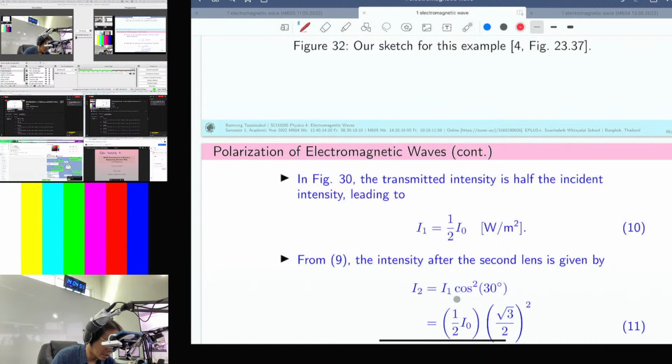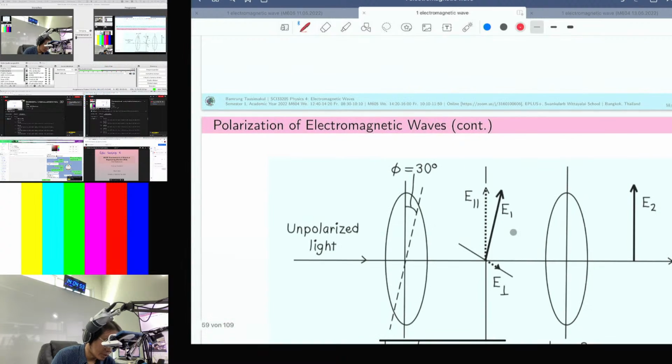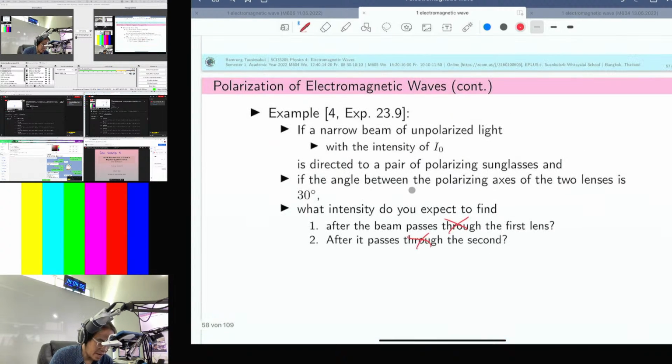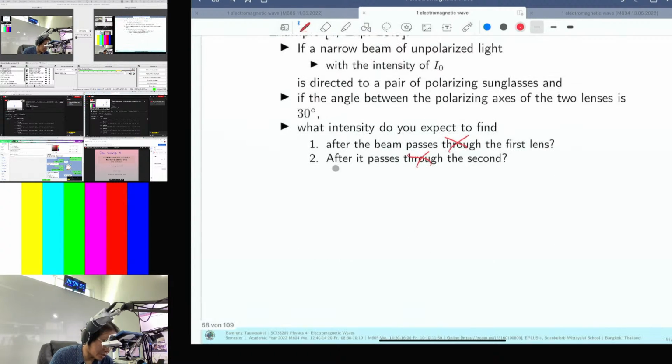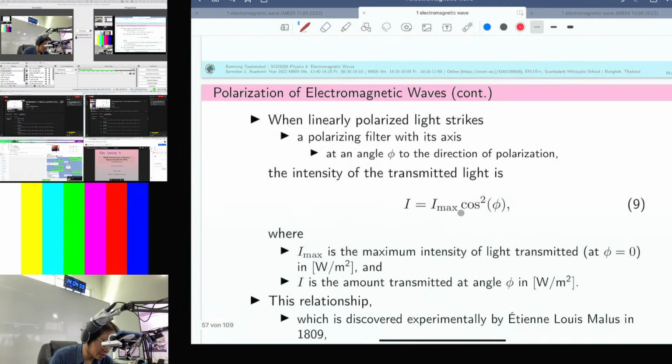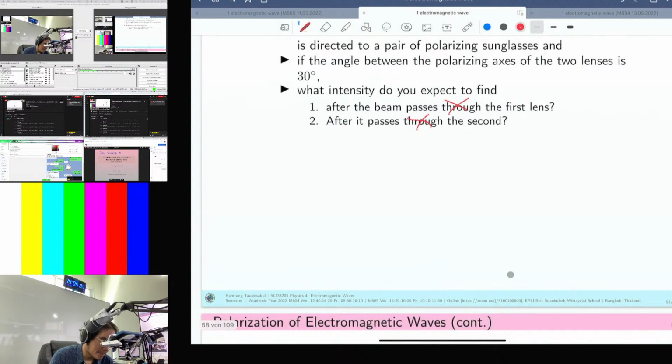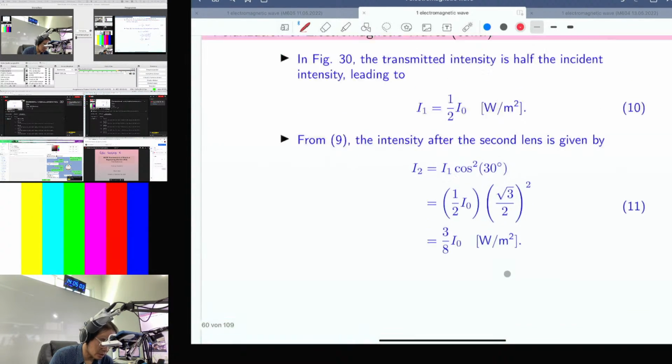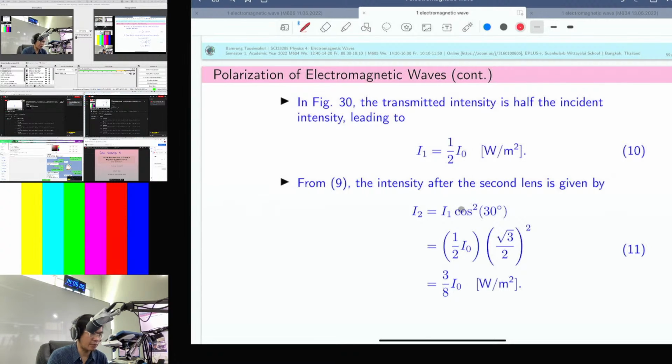And we substitute the amount of angle that is deviated, 30 degrees, into the expression by Malus, and you could see that I2 is I1 times cosine square of the tilting angle, which is 30 degrees.